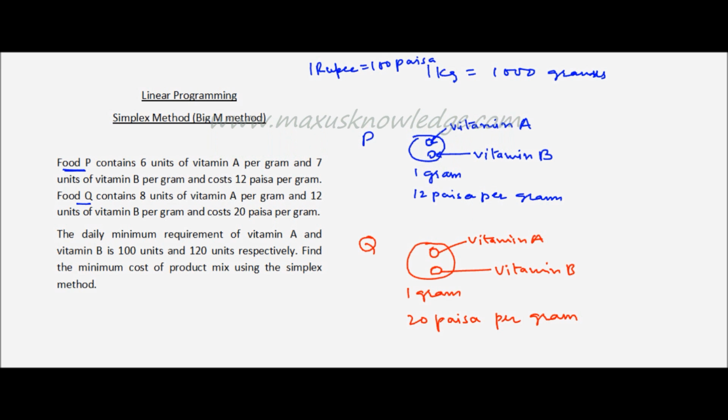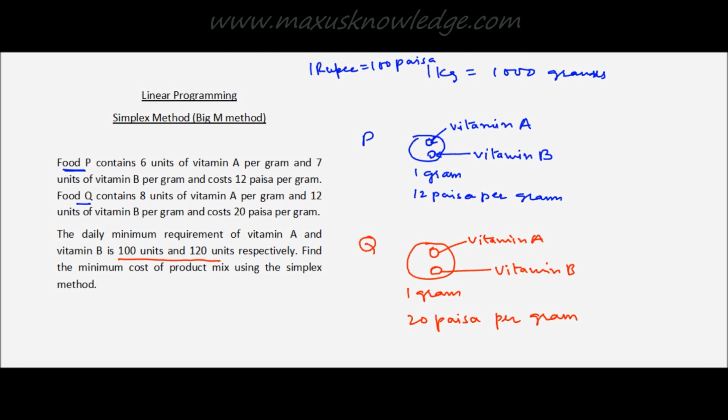So we have to find how much of P and how much of Q should be taken so that the overall cost can be minimized. So let's see how we can solve this using the Big M method.